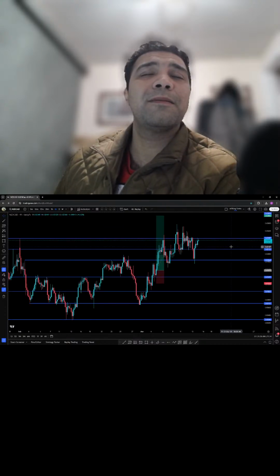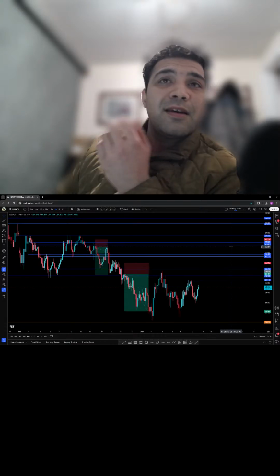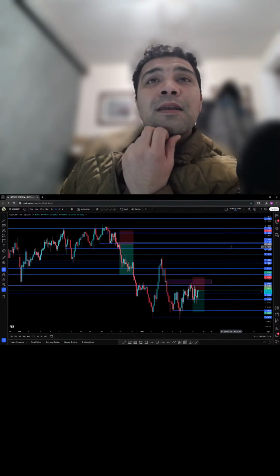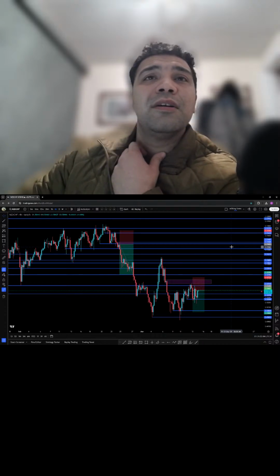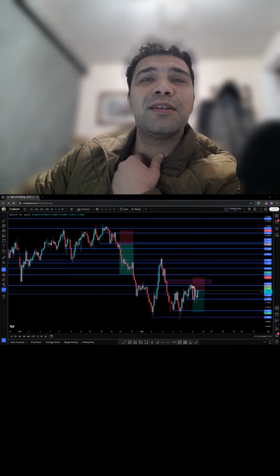NZD CAD, similar structure to the euros. We can see that CAD is becoming really weak. Similarly in yens, we can see the same amount of pullback that happened in Aussie yens. And this is NZD CHF. We can see that there was a good amount of weakness in NZD that occurred around this point.